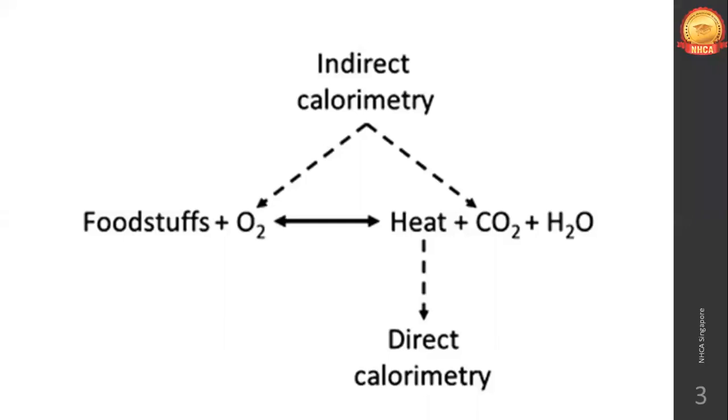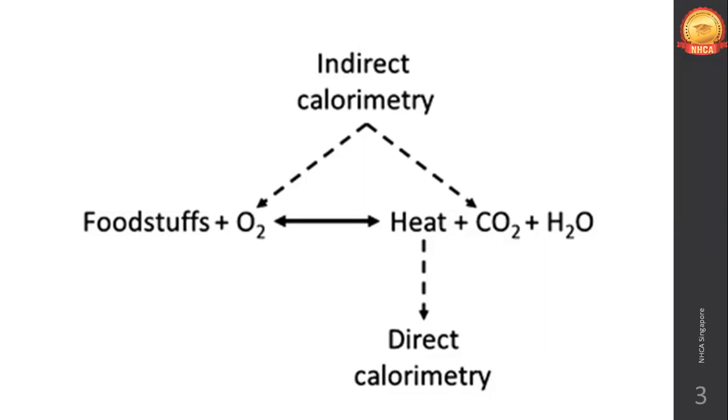Direct calorimetry will only estimate how much heat is produced. It will not give you any other information. But if you go for indirect calorimetry, it will also see how much heat is produced and what amount of gas exchange has taken place: how much oxygen one has inhaled, how much carbon dioxide they have exhaled, the nitrogenous waste they have produced.